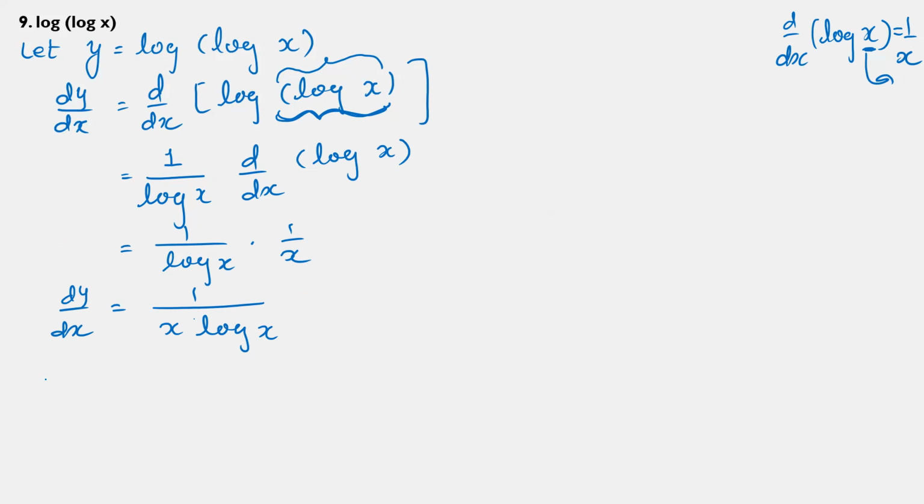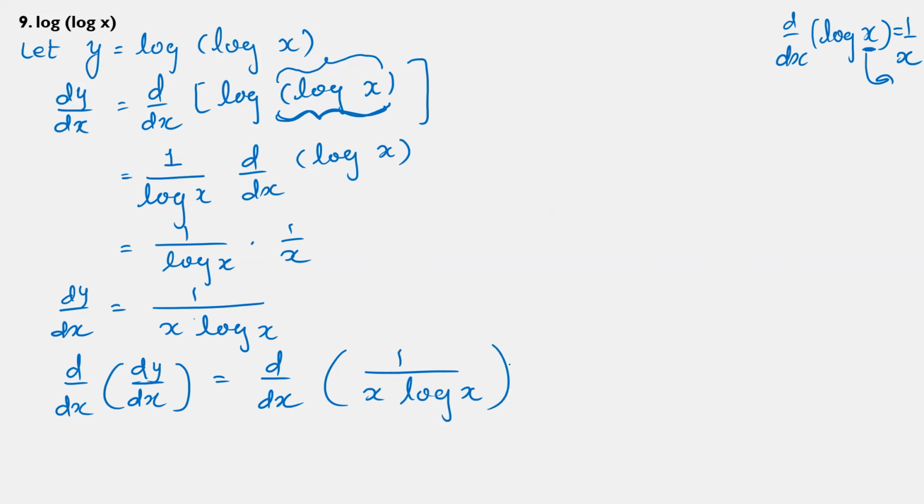Done. But as we are finding the second order derivative, differentiating both sides with respect to x again. It's like what we just did. d by dx of 1 by x is the algebraic formula, minus 1 by x square.